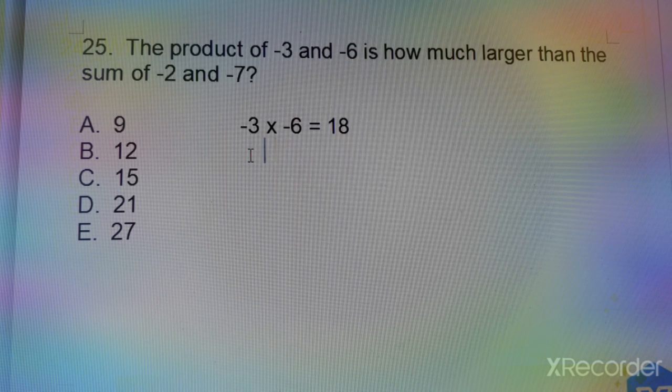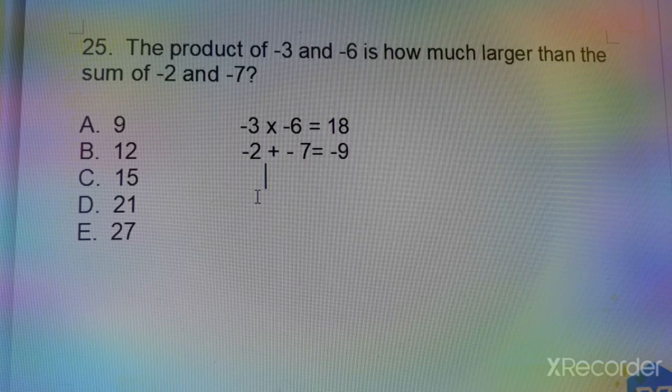Then get the sum of -2 and -7. So -2 plus -7 is -9, since negative plus negative equals negative. Then get the difference of 18 and -9.